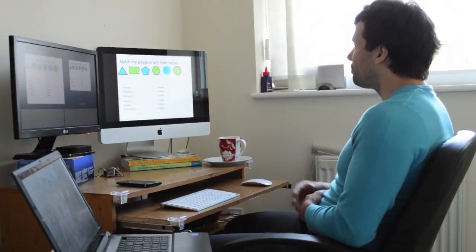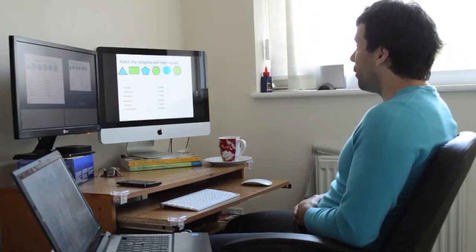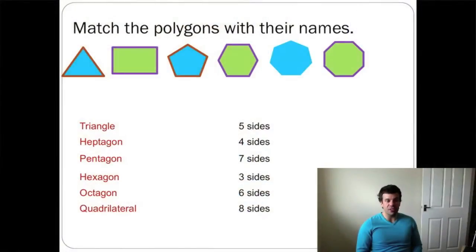Quick warm-up. We need to remember which polygons are which and how many sides they have. Can you, in your mind, just quickly match up the shape with the name and how many sides it's got? Well, the first one's easy.